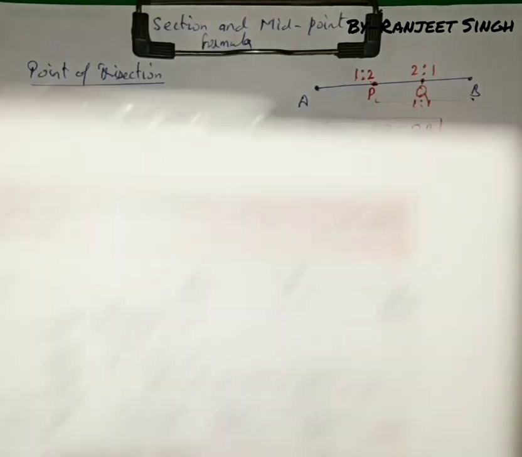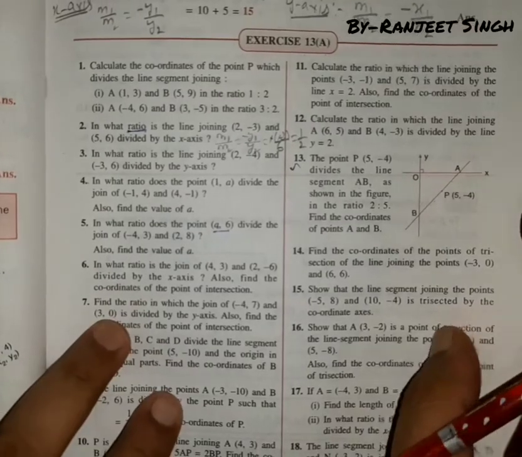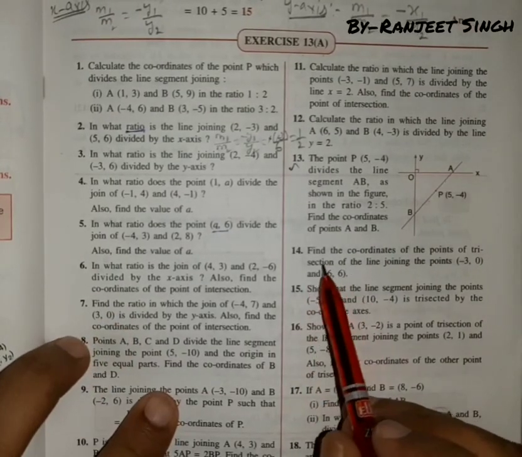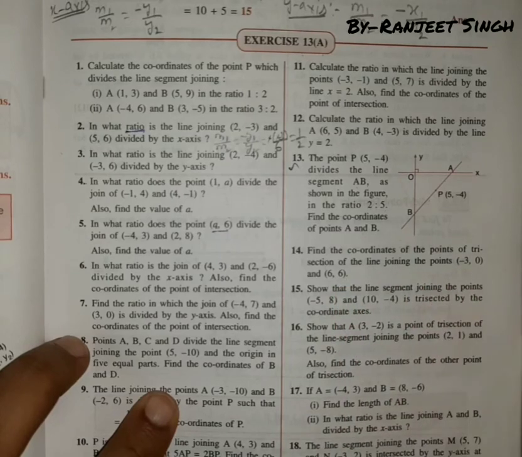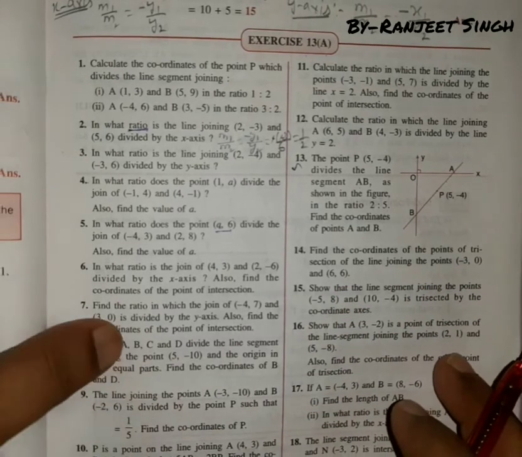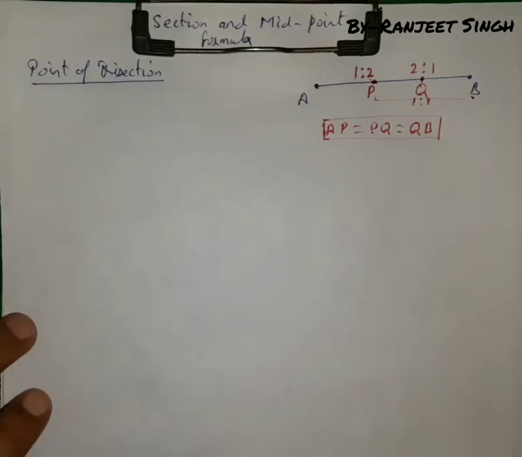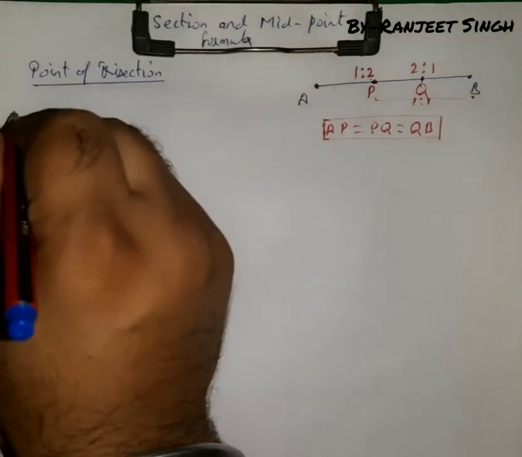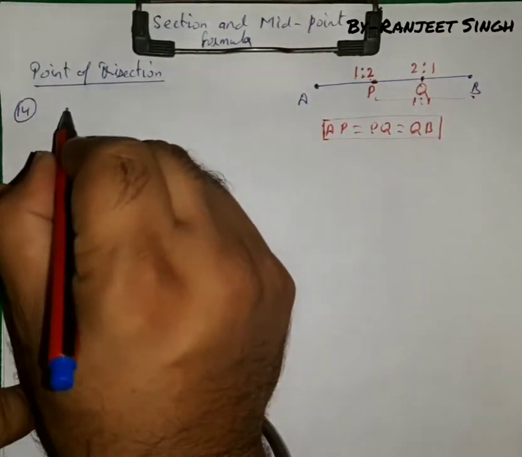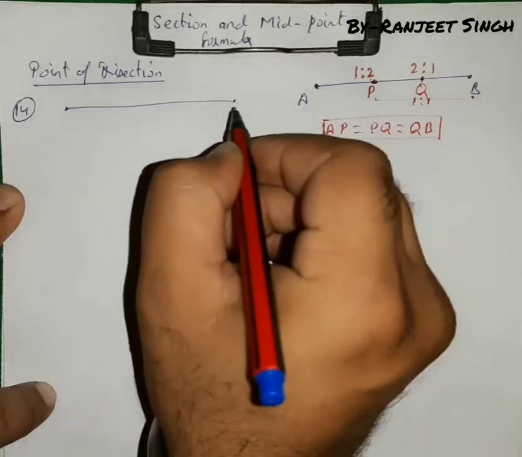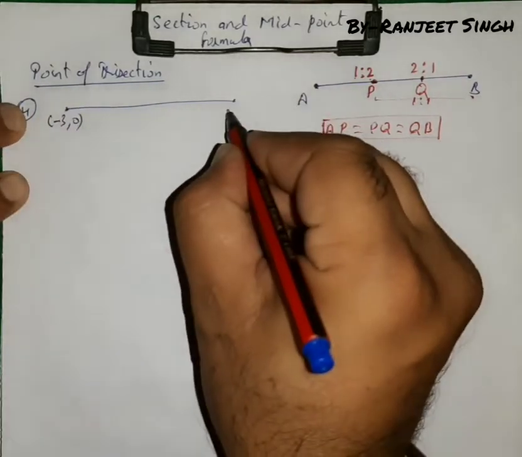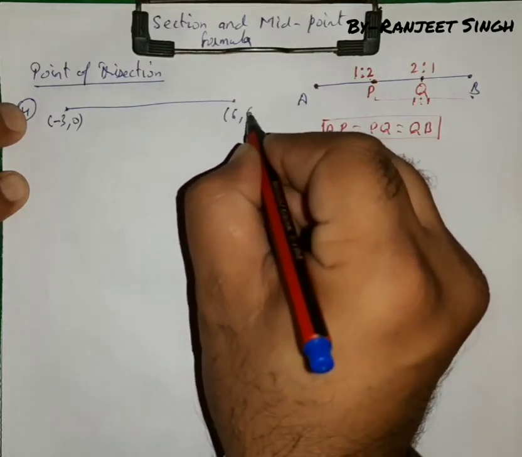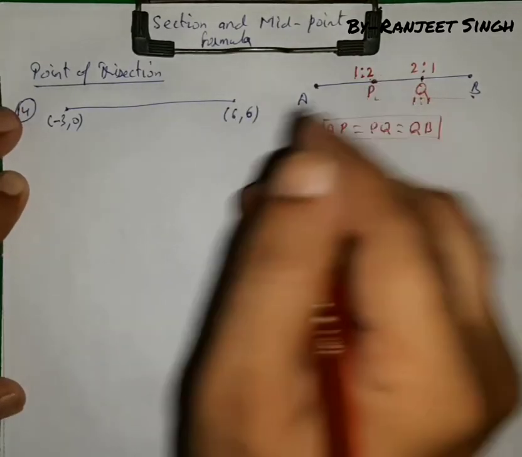For this, let us take one question from your exercise. I'm talking about question number 14. The question says, find the coordinates of the points of trisection of the line joining the points -3, 0 and 6, 6. In the question, the first point is given as -3, 0 and the second point is given as 6, 6, and we have to find the points of trisection.